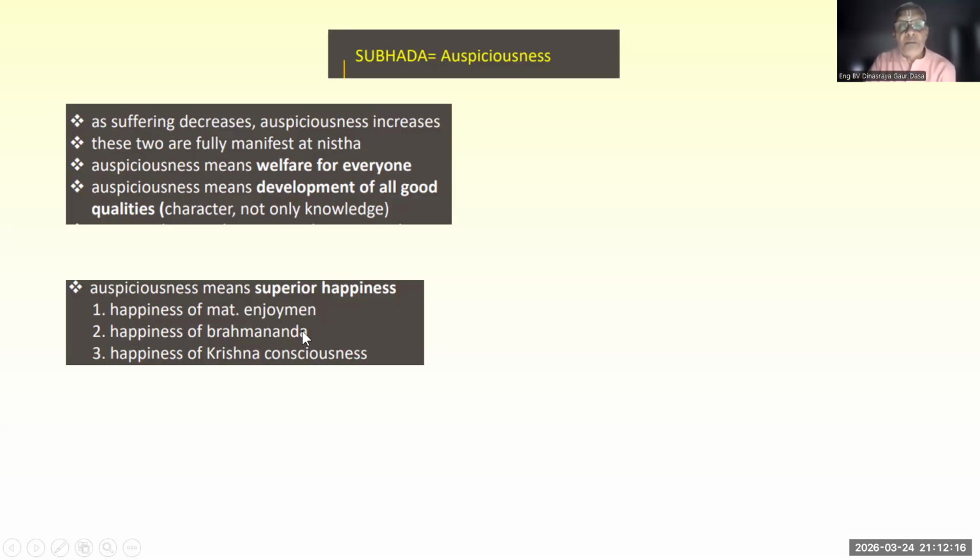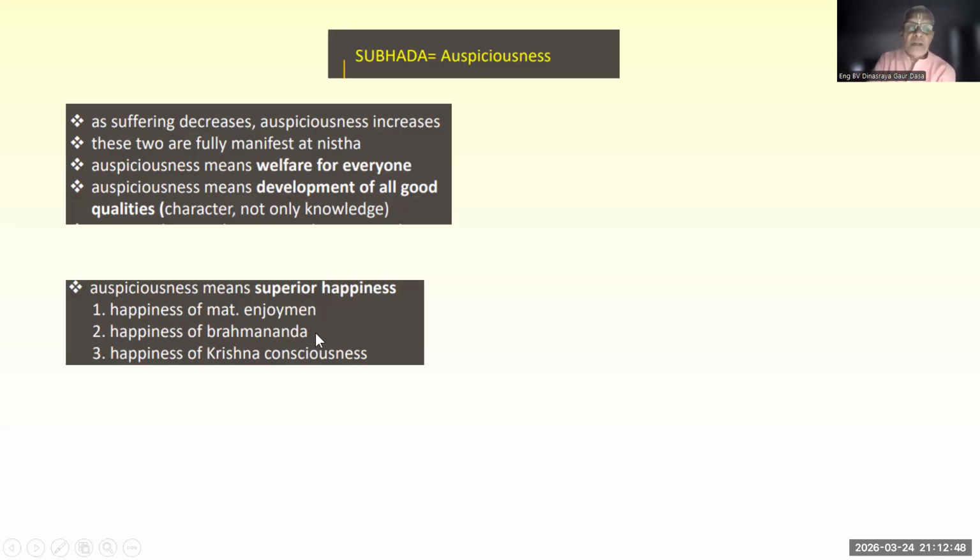Then the happiness of Brahmananda. This is the happiness gained by impersonalists or Mayavadis. They want sayujya mukti and they want to merge into the Lord or the Brahmajyoti itself. But there is no activity, no relationship, and when there is no relationship, there is no rasa or mellow. This is also transitory and does not last long.